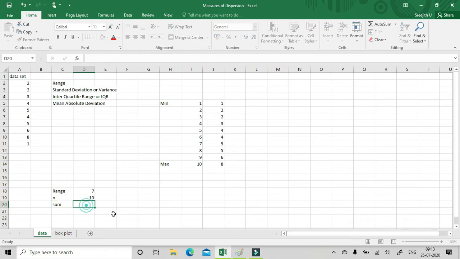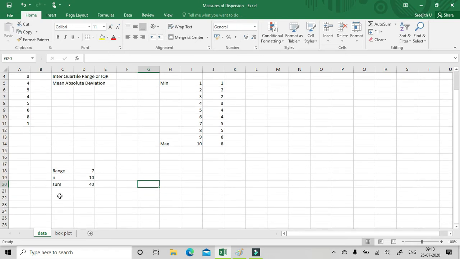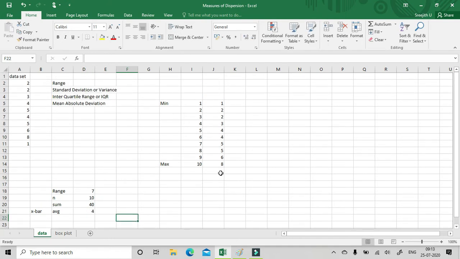The sum of all the numbers is 40, and therefore the average, or x bar as we call it in mathematical terms, is 40 divided by 10, and that is 4. So the average of this distribution is 4. Let's call the values x, and here x bar.